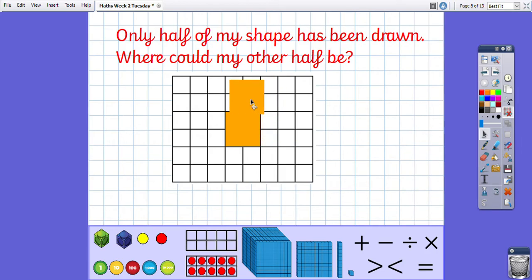It could also go here because the same happens here. If I split it down the middle, I've got two equal parts. It could also go here for the same reason, and it could also go here. Well done if you had a go and got that right.